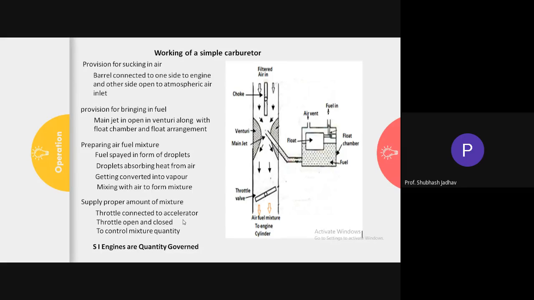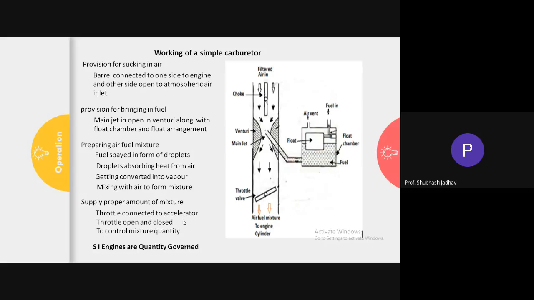The quantity of the mixture supplied is more. आणि ती कशाच्या हेल्पने आपण करतोय? गव्हर्नरच्या हेल्पने. बरोबर. म्हणून आपण त्याला काय म्हणतो? So since the governing is done by increasing or decreasing the quantity of the mixture, the engine is called a quantity governed engine.